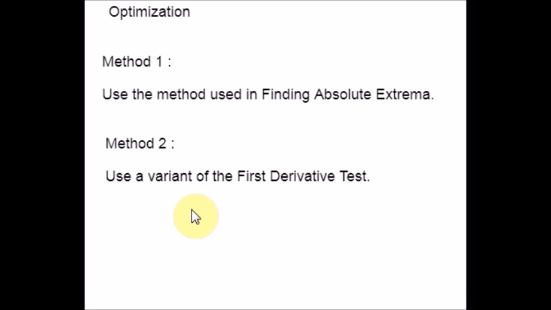Here is method 2. In this method, we are going to use a variant of the first derivative test. In this method, we also will need an interval of possible values of the independent variable in the function that we are optimizing, I. However, in this case, unlike the previous method, the endpoints do not need to be finite.